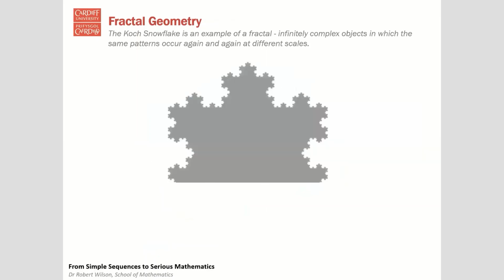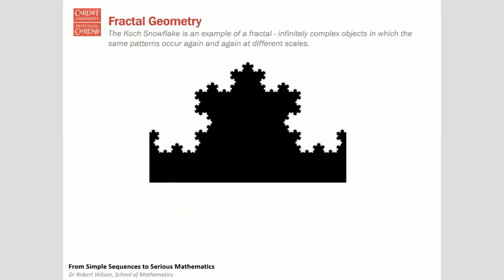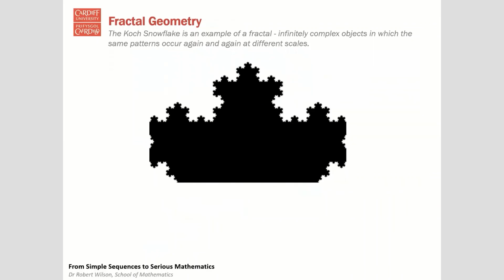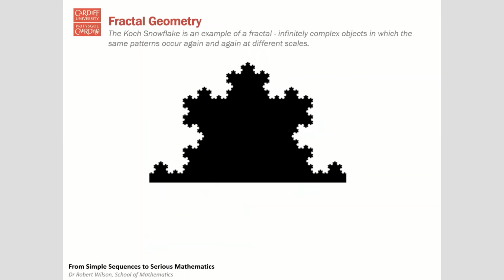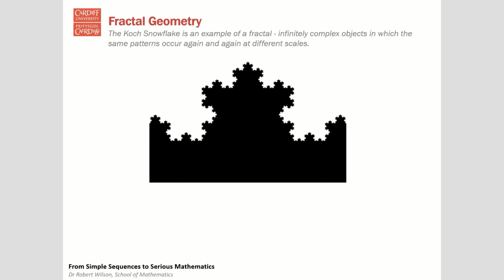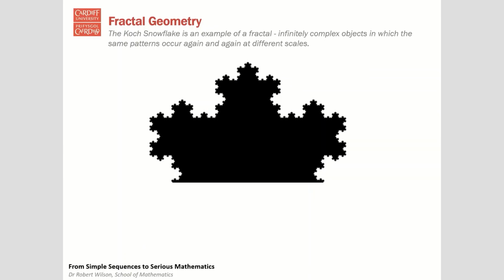Now it turns out that that particular example falls under a far larger body of work known as fractal geometry. And fractals are the study of infinitely complex objects where the same patterns occur time and time again, but at different scales. And this is very much a contemporary area of mathematics.